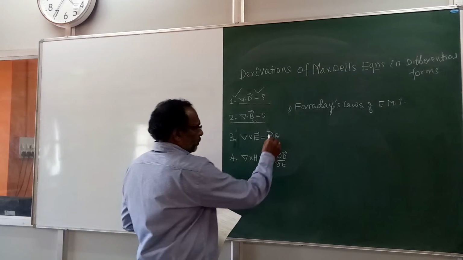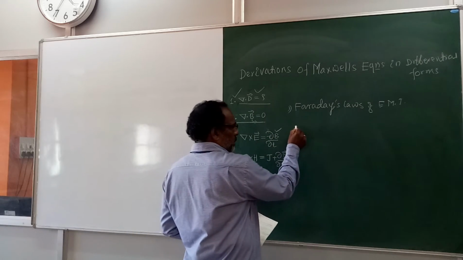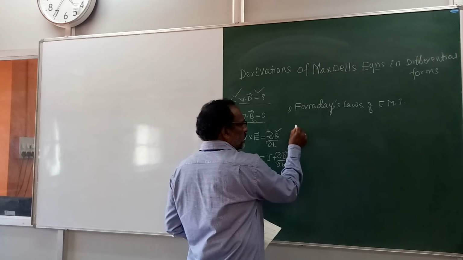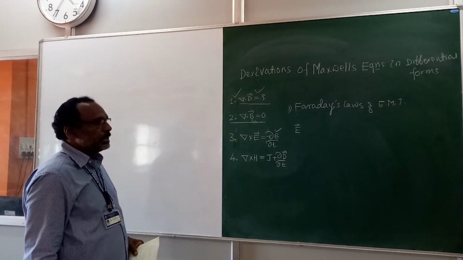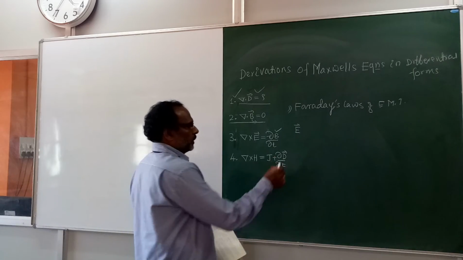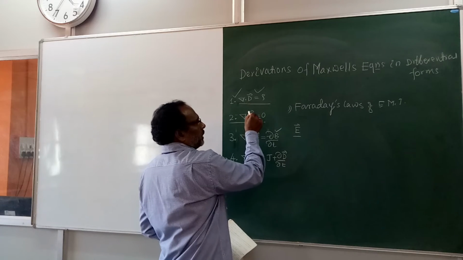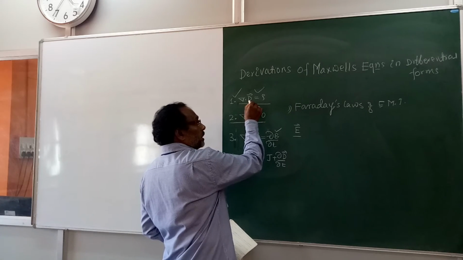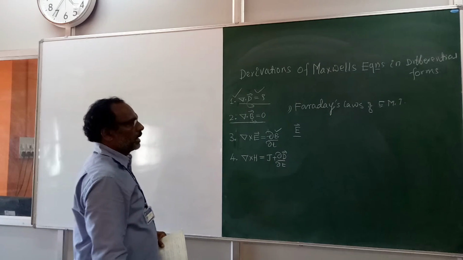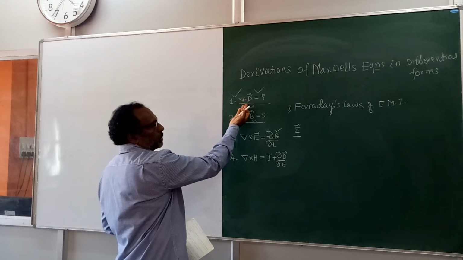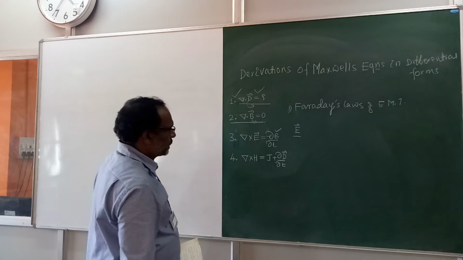Here B is magnetic induction, E is electric field intensity. D is the electric displacement vector, which we have studied last year when we studied dielectric theory last semester.